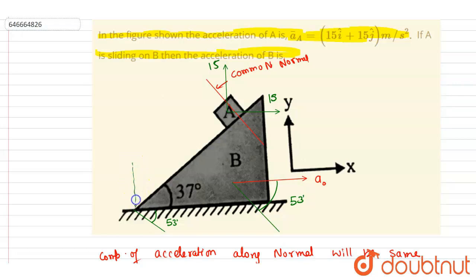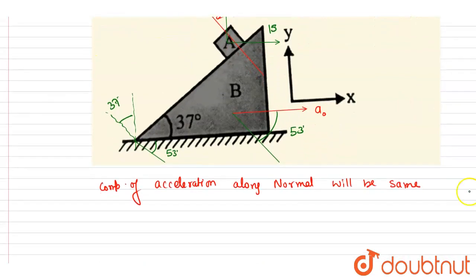If I draw a vertical line, and this is the normal, and this is 37, then this will be 90 minus 37, and this will be 37 again. So this angle is 37 and this is 90 minus 37.